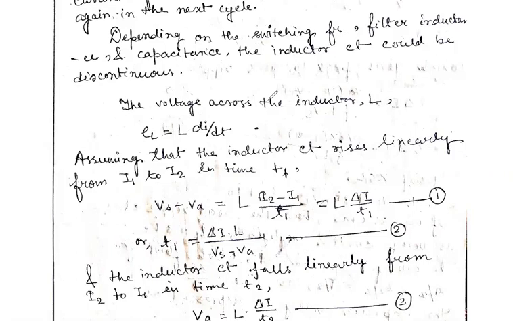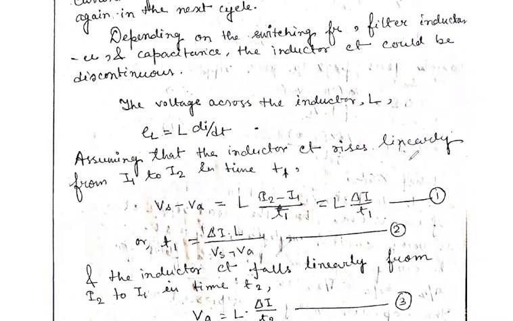Okay. So now we go through the equations, what happens in mode 1 and mode 2 operations, and then the waveforms of a buck converter. From the mode 1 operation, we can easily say that the voltage across the inductor L is eL equals L di/dt.